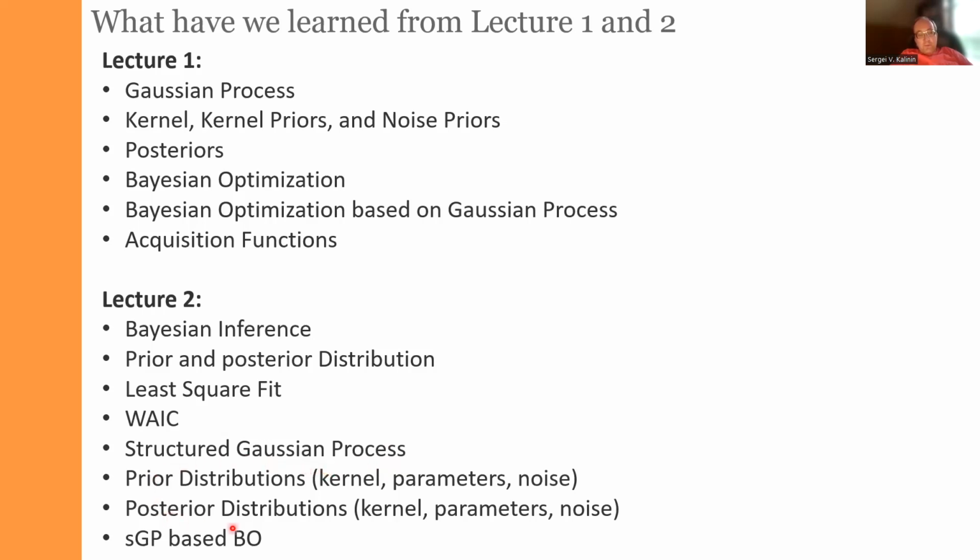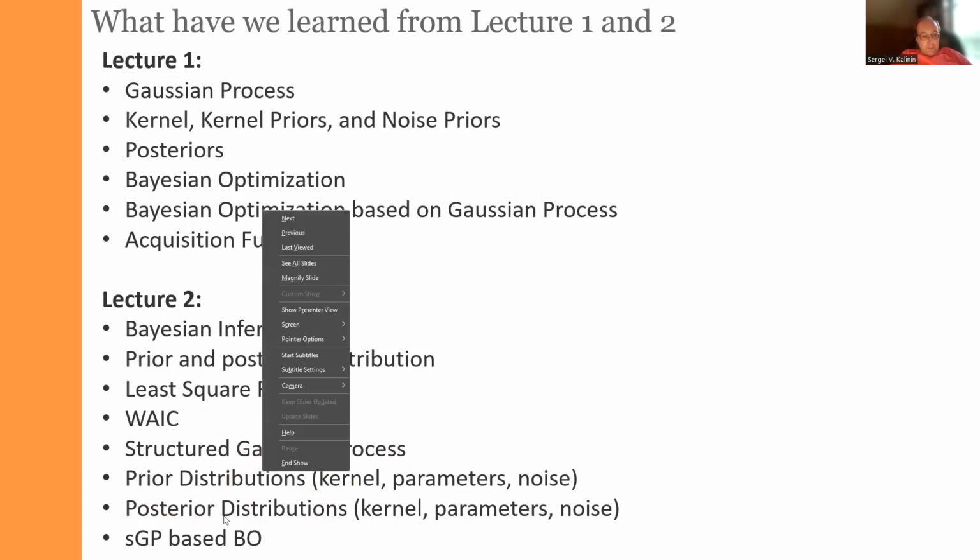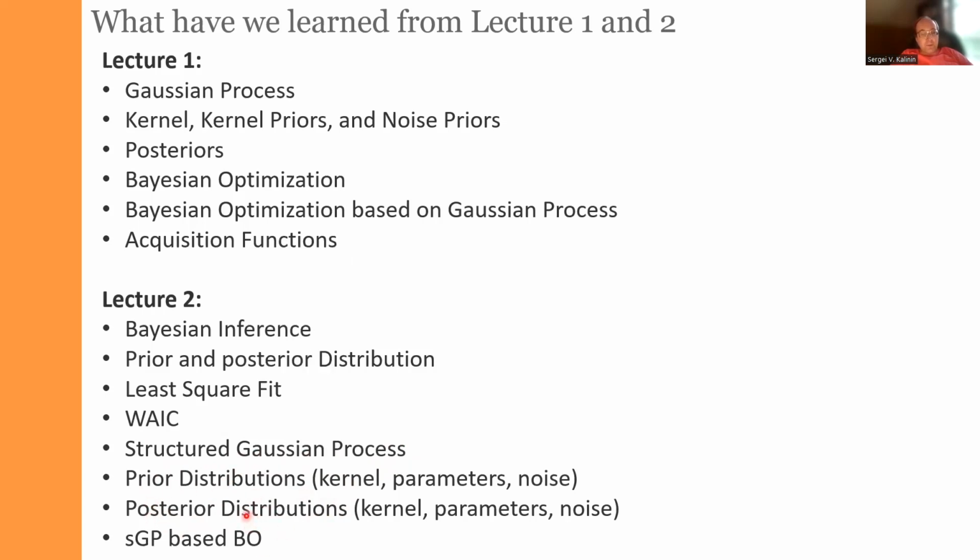We also introduced the concept of prior and posterior distributions. Basically, structured Gaussian processes are a hybrid of normal Gaussian processes and Bayesian inference. We also looked at an example of structured GP-based Bayesian optimization and at the ways it can go right and how it can go wrong.